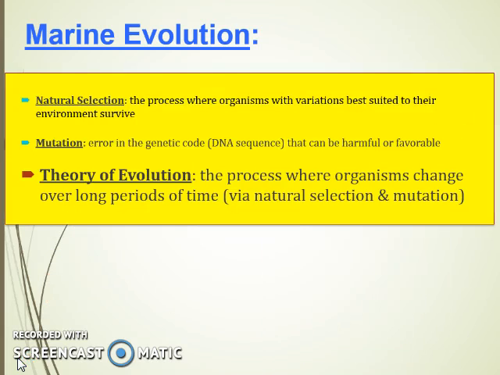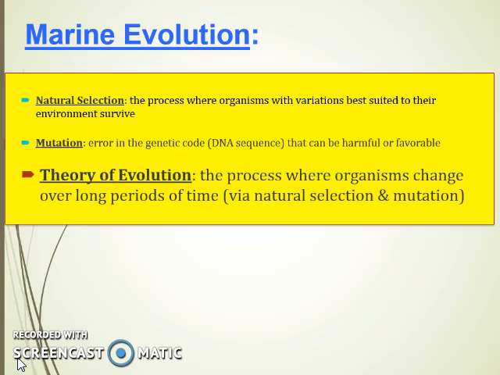In marine evolution, we're going to talk about three different topics. We're talking about natural selection, which is the process where organisms with variations that are best suited to their environment are able to survive. And we're also talking about mutation.